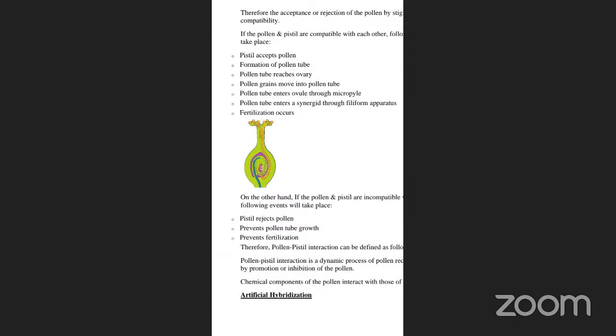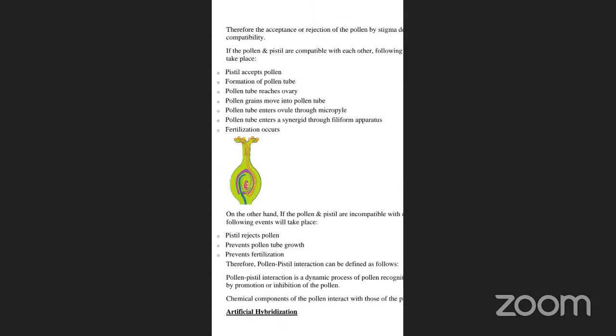After reaching the pistil, the pollen tube forms, and different reactions start. The pistil accepts pollen, a pollen tube forms on the pistil, and the pollen tube gradually reaches the ovary. Pollen grains move into the pollen tube. The pollen tube finally enters the ovule.